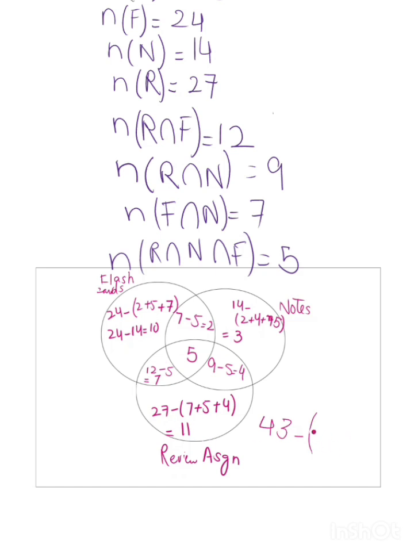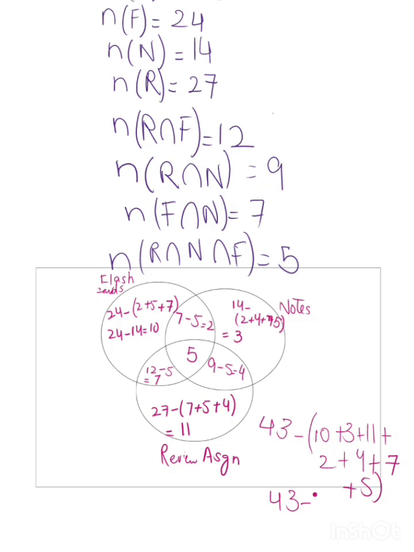So I will add them together and then I will subtract them from 43. 10 plus 3 plus 11 plus 2 plus 7 plus 4 plus 5. So if I add all these values, I am getting 42.